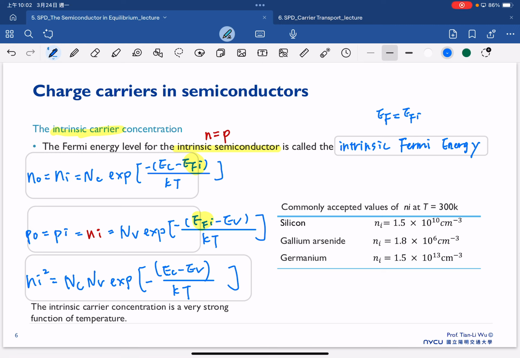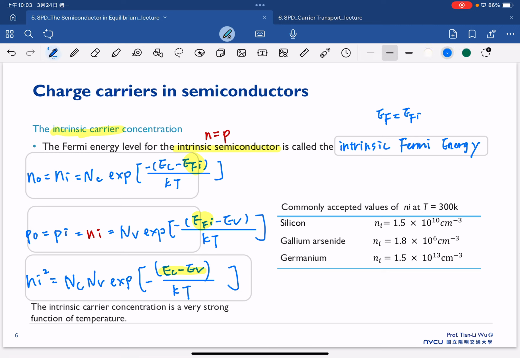This is because we have the same EFI here. Once this times this is equal to this times this exponential, this will be removed. And in the end, the equation becomes Ni square is equal to NCNV exponential minus EC minus EV over KT.